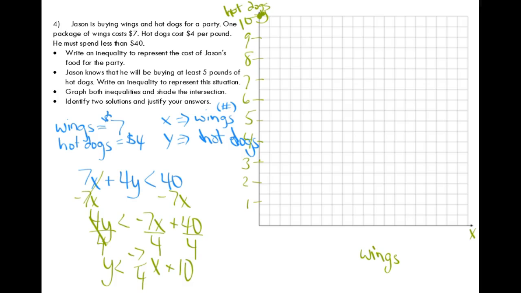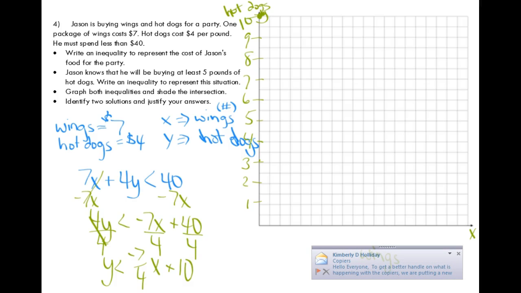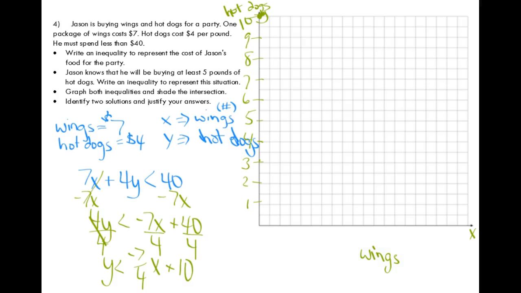Doing a quick what-if scenario, I can see that wings cost even more. We can't even get 6 packages of wings, because if Jason bought 6 packages of wings, it'd be $42, and that's more than he has.